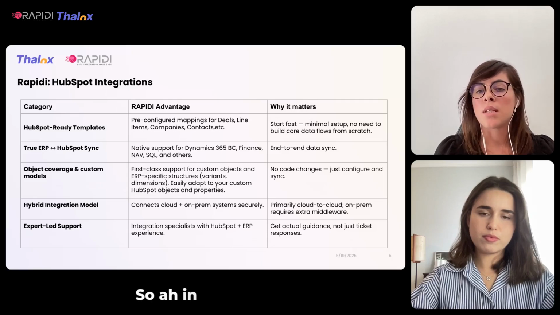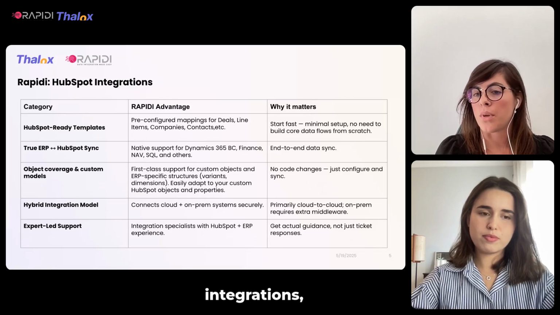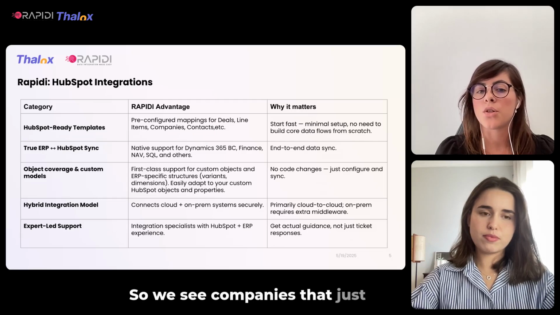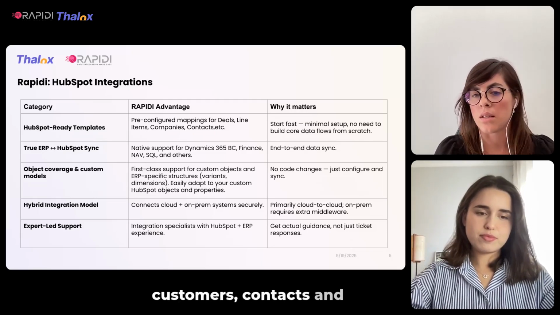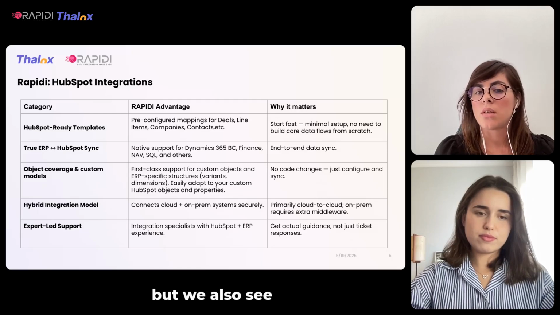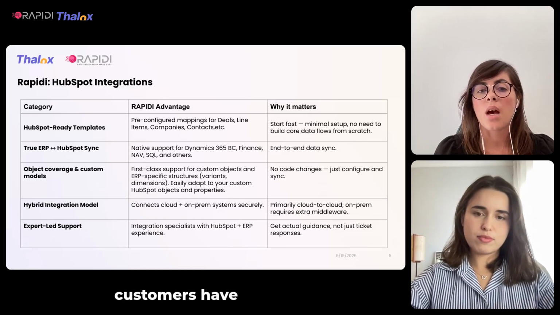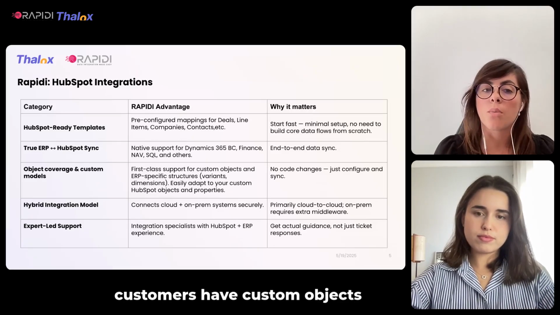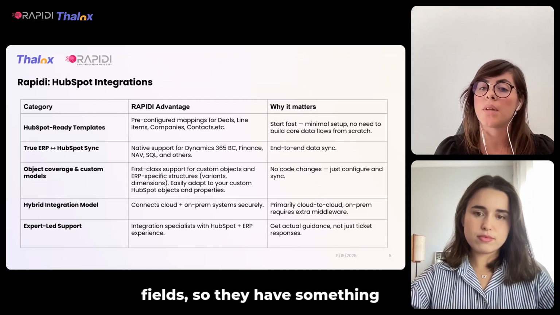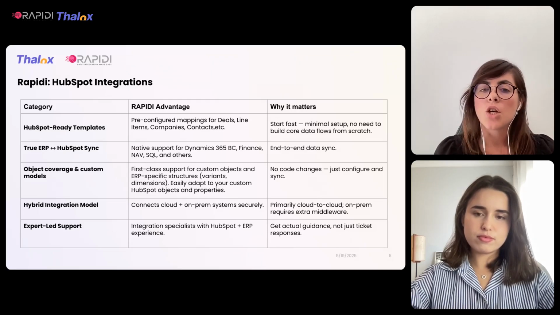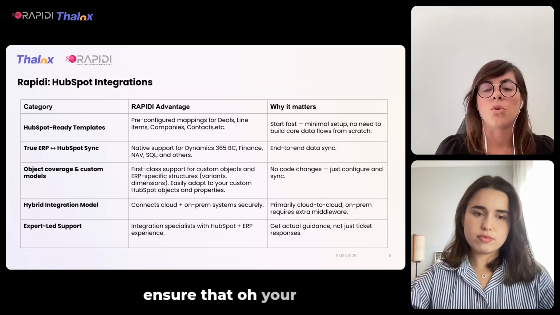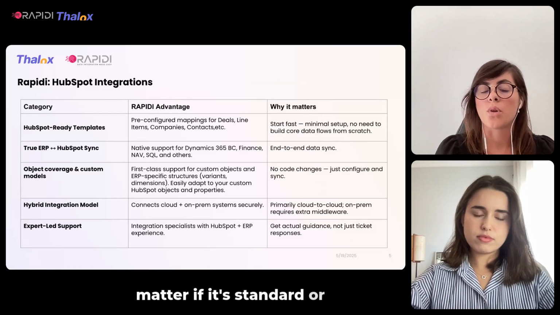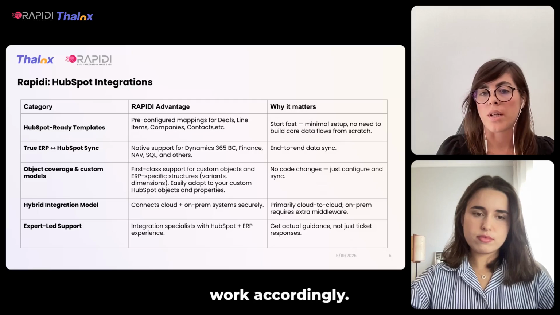In some cases, we see standard integrations, right? So we see companies that just want to transfer data such as customers, contacts, and all that. But we also see situations where customers have custom objects or custom fields, so they have something very different. So we do cover both because we want to ensure that your integration, no matter if it's standard or custom, will work accordingly.